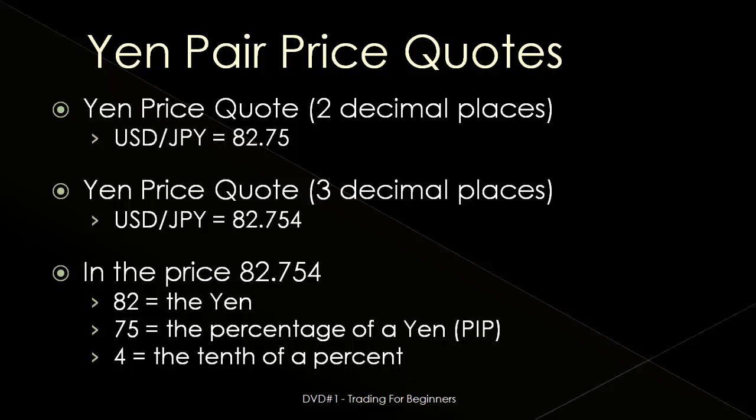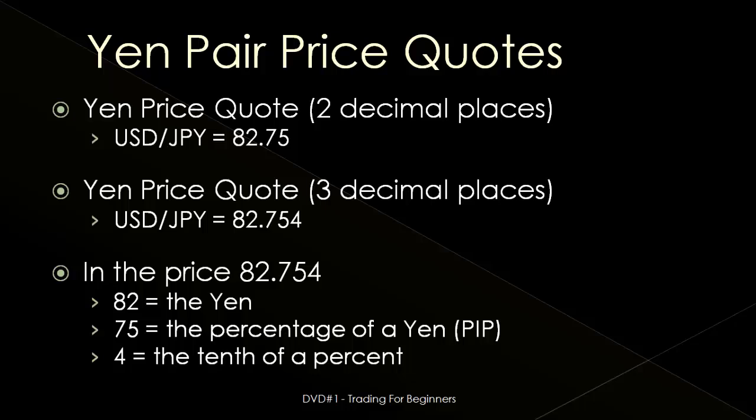Now, the reason that it is like this is because the yen cannot be broken down into smaller denominations. In some of the other currency pairs like the US dollar, the smallest denomination is not the dollar, it's the cents. You can break down a dollar into 100 cents. But with the yen, that is the smallest denomination. It cannot be broken down into cents.